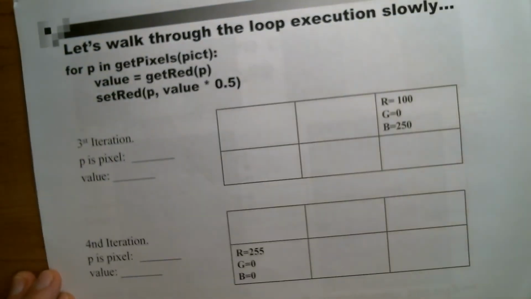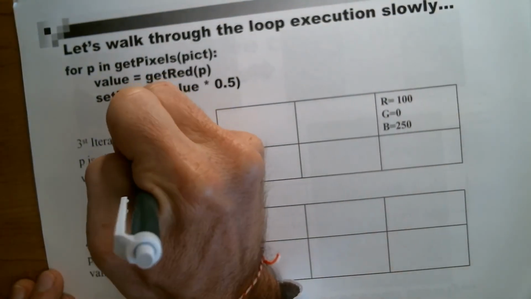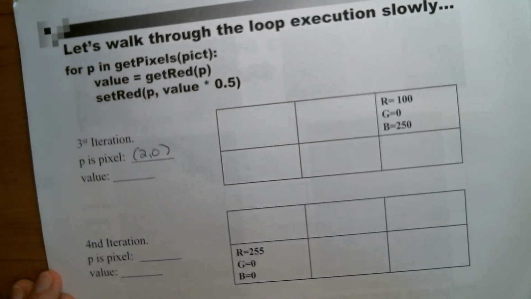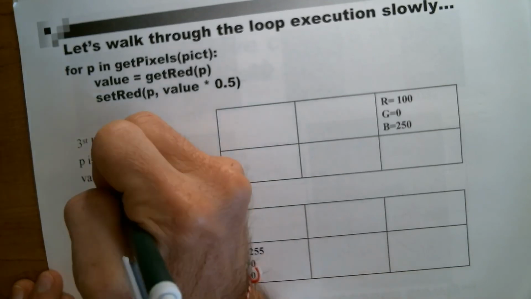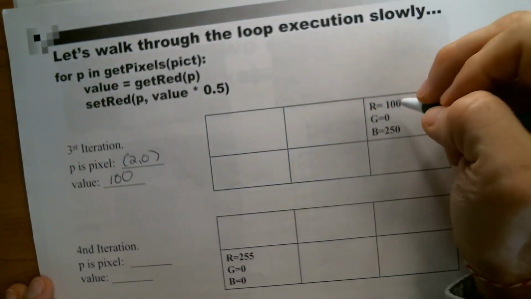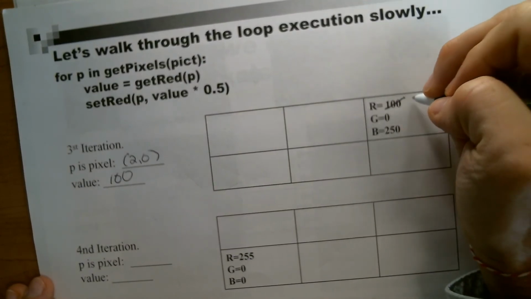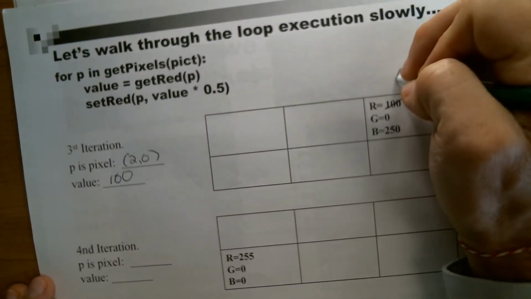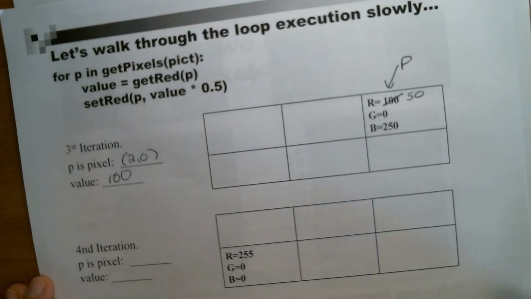So this is going to be pixel 2, 0. The red at that pixel is still 100. So when that code executes, this is going to get changed to 50. And again, this is what P was storing on the third iteration.